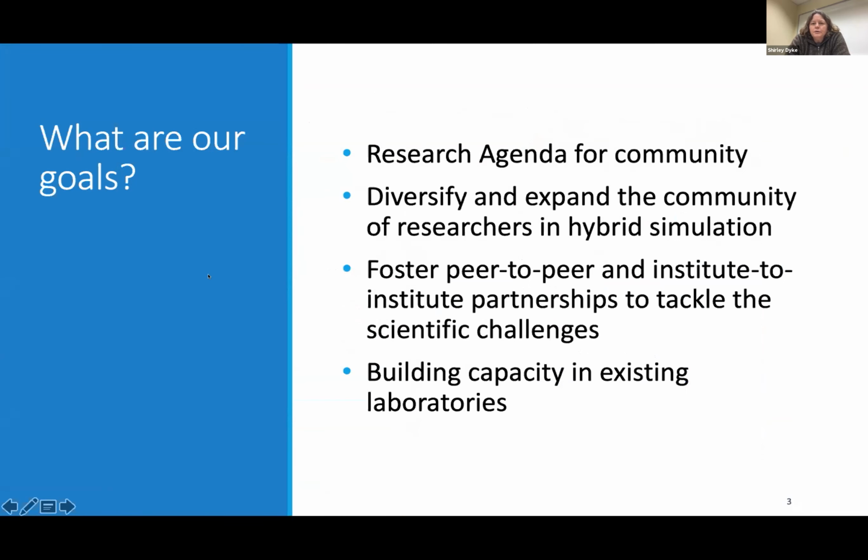So what are the goals of this group of people? It's this research agenda. We've had a number of workshops, which I'll talk about briefly. The objective of the group is to provide a research agenda, to compile that information into a form that individuals can go and look for research problems they're interested in tackling, and maybe find a group of people who are interested.